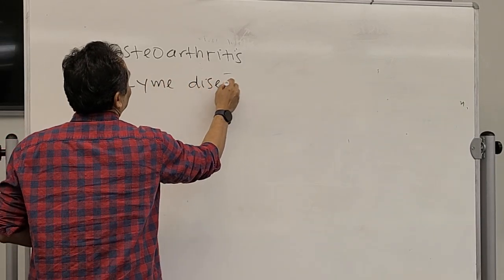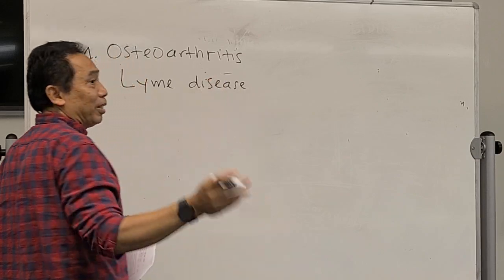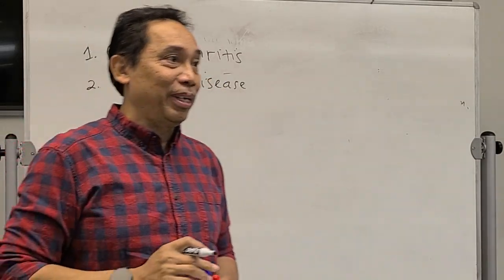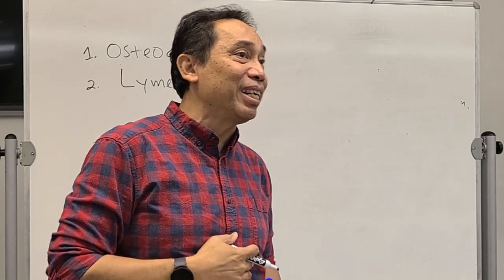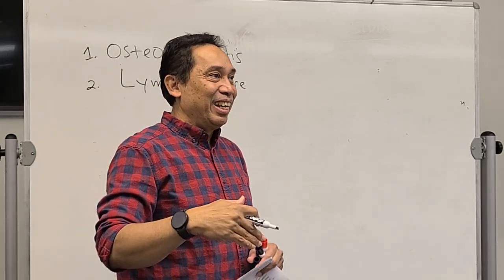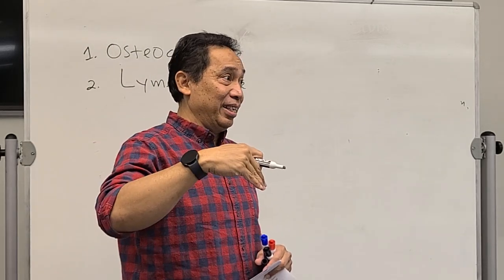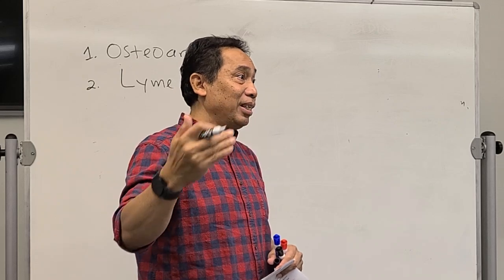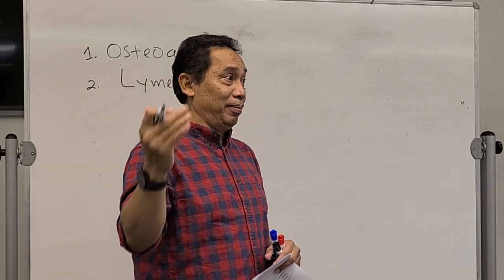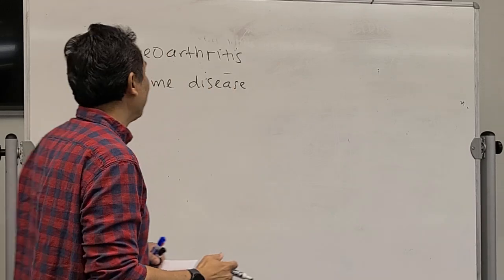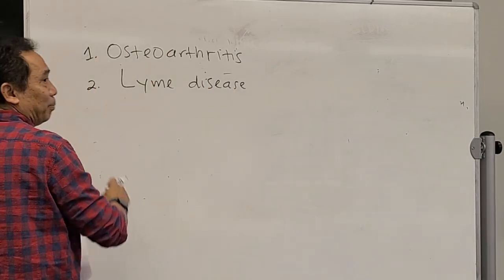Again, I am not following the order in your assignment. So make sure you understand which one is Lyme disease, which is caused by bacteria carried by the tick. And usually this tick lives in the woods and is carried by the deer. Get it? So bacteria causing this disease is called Lyme disease.